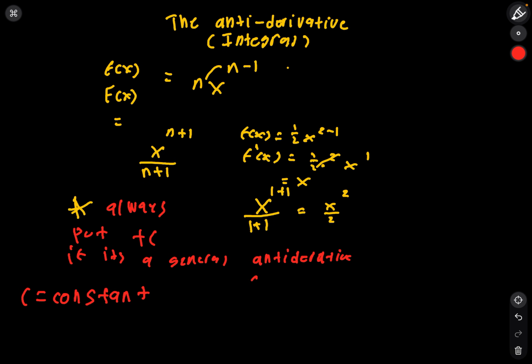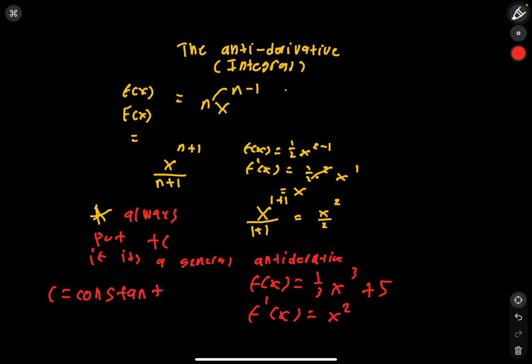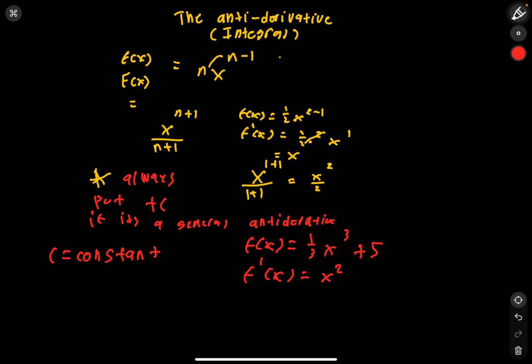Let's say we had the function f of x is equal to 1/3 x to the third plus 5. If we were to take the derivative of this function, we will get x squared. However, and here's the thing, if we were to take the integral of x squared, you would see that we don't get the 5 back.